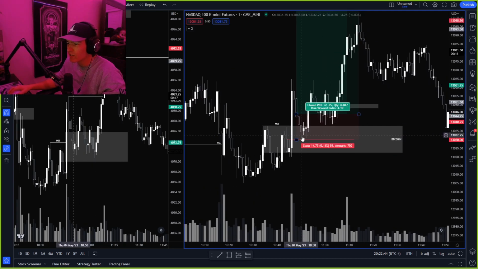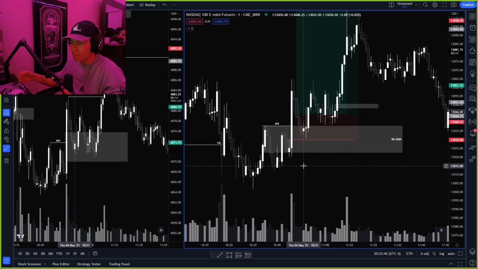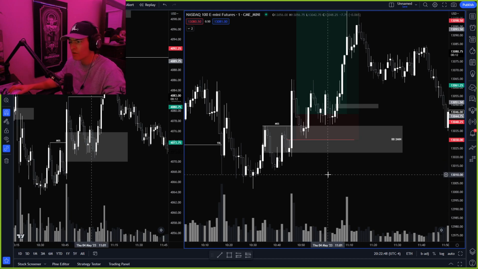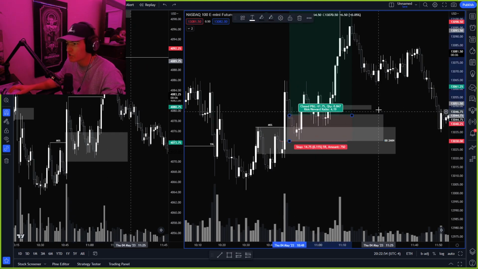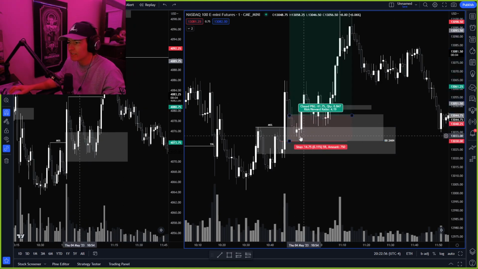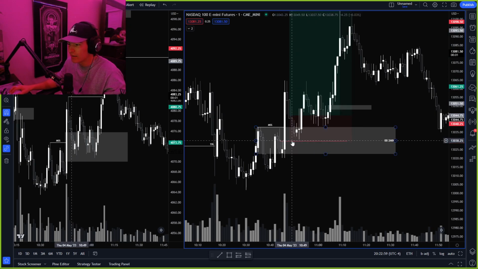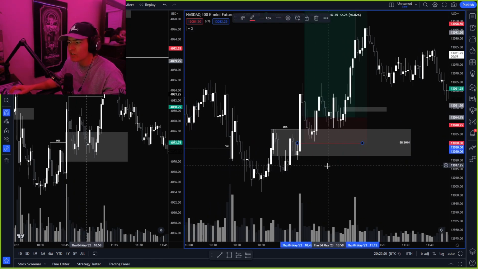This chart could have come down a lot lower and still be valid for this long, but I ended up entering right when we came into this 1 minute fair value gap. I entered right when we touched it, and I ended up getting almost a tick off from my stop loss, because again, I set it a little bit too tight.